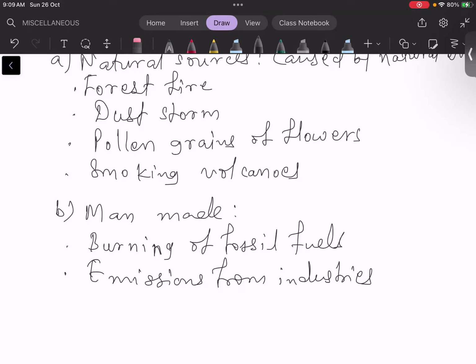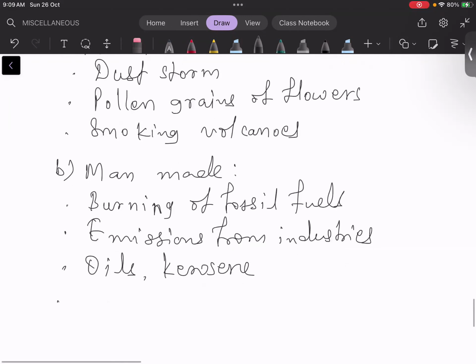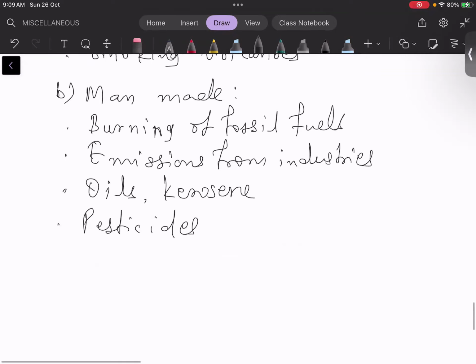Then vegetable oil, kerosene, coal as household fuels, or domestic fuels, and that leads to pollution. Then pesticides present in air, and that leads to pollution.